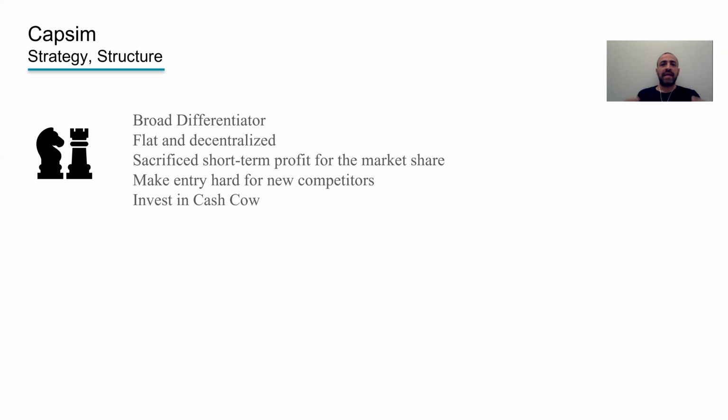In general, we sacrificed our short-term profit for market share because we believe that market share in the long term means trust. After several rounds, if we have the highest market share, for sure we are the most trustworthy brand and we can do a lot better and outperform other brands. Also, we want to make the entry hard for new competitors.